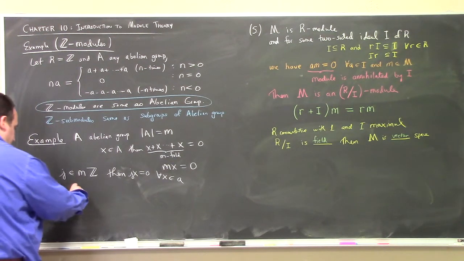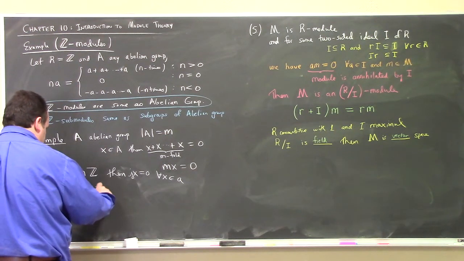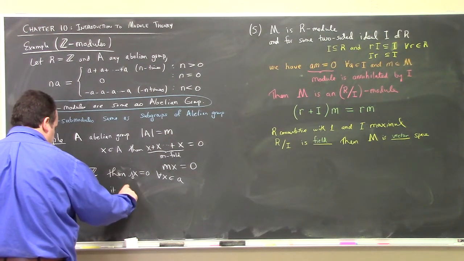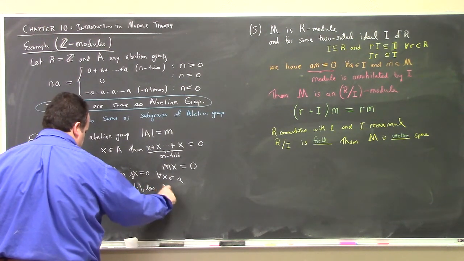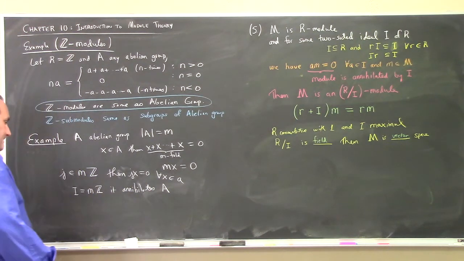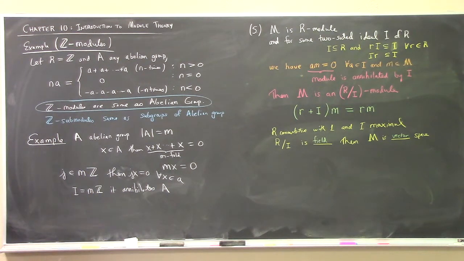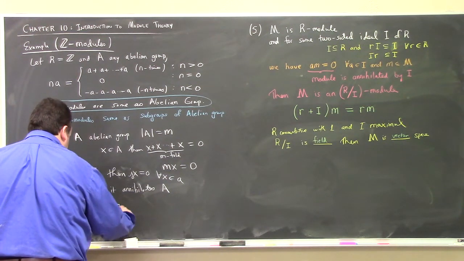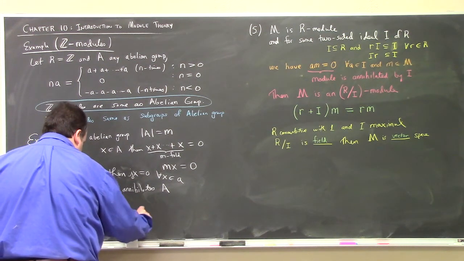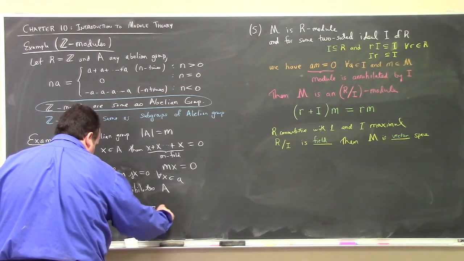In other words, if we look at I equal to mZ, it annihilates A under the natural Z module action. That means we can also view A as a Z mod mZ module.